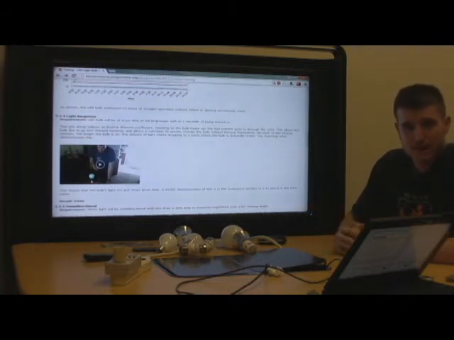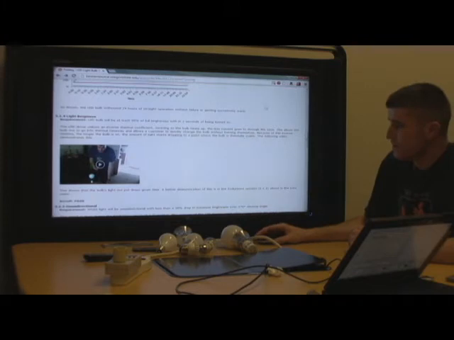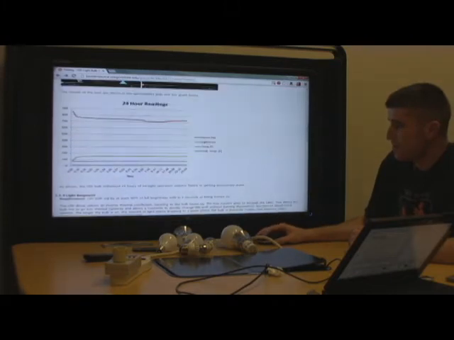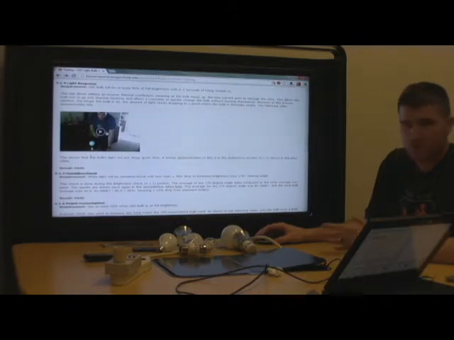As the bulb heats up, the current goes down, which means the lux output goes down. As you can see in the 24-hour test, lux went down as it heated up. That's just a video explaining the same thing.